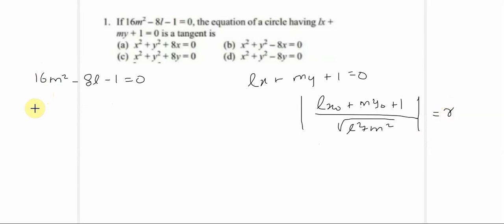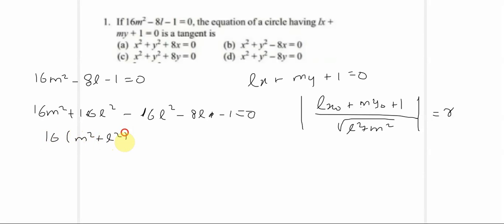Okay, again we'll add 16l square and subtract 16l square to get the m square plus l square term. 8l minus 1 equal to 0. Now this becomes 16 times m square plus l square. On the right hand side we have 4l plus 1 the whole square.